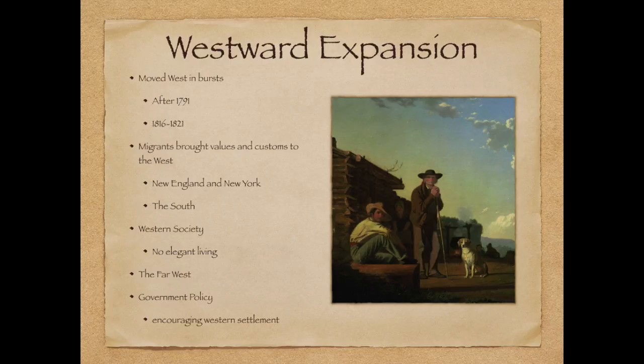All right, so the first thing we'll talk about is actually physical expansion into Western territories. Americans moved west in a series of bursts. It wasn't a continuous influx of people into the West. The first burst of Western movement happened after 1791, where the first settlers began to make their way across the Appalachian Mountains.